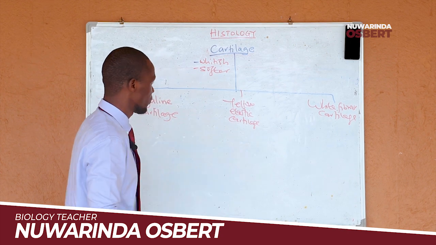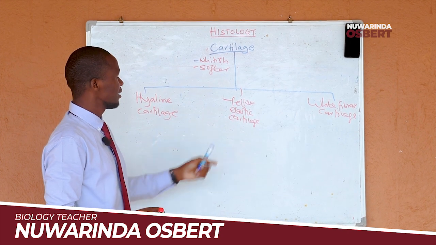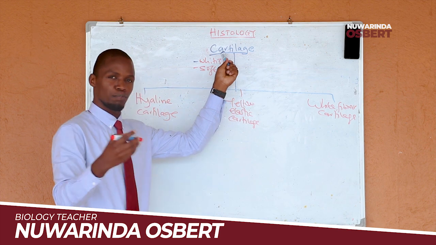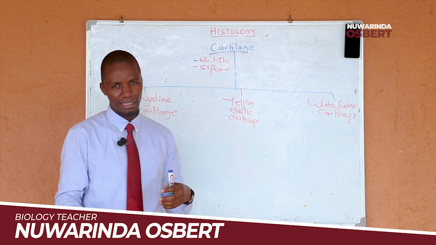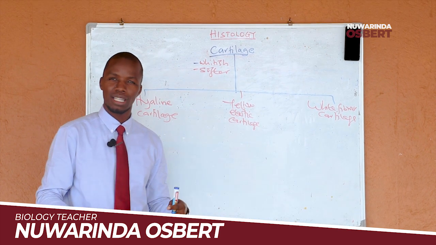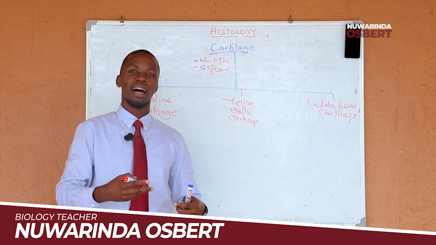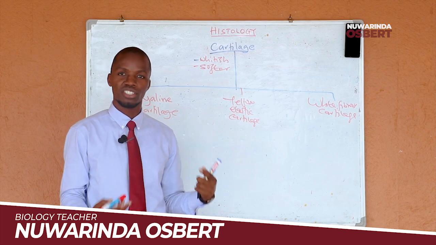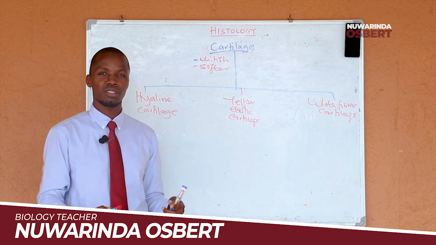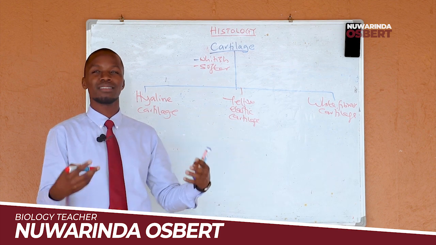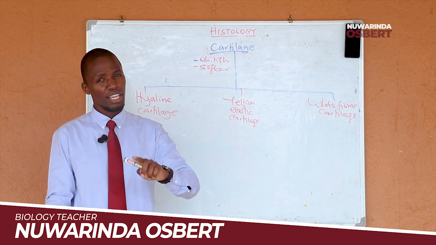For example, remember, we said a cartilage is a type of special connective tissue. And in the previous videos, we saw that something special about a connective tissue is that it has a matrix, a ground substance called the matrix, within which we find cells and fibers.